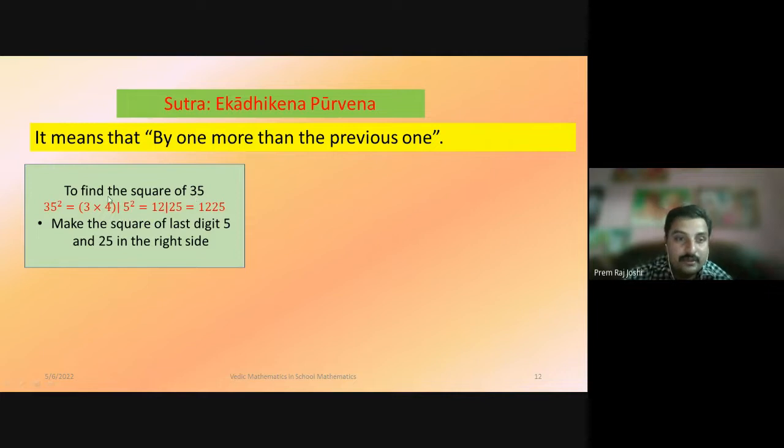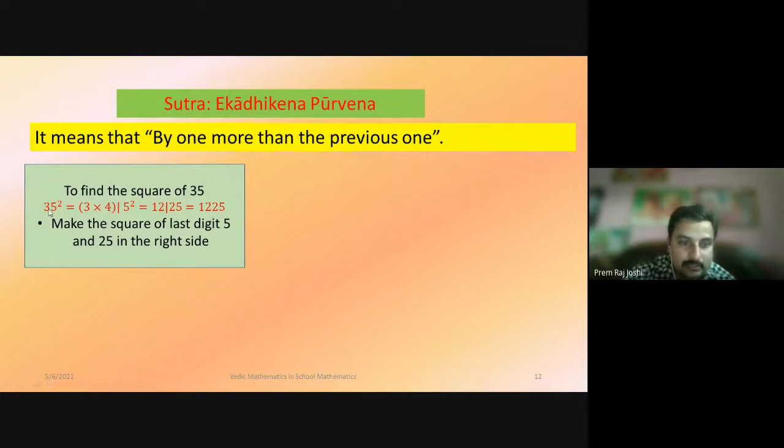should be 5. So what we will do here, to find the square of 35, we will just make the square of 5. The last digit is 5, so the square of 5 is 25. We can write that 25 on the right, and we will multiply 3 with one more number, as the formula tells us, by 1 more than the previous one.